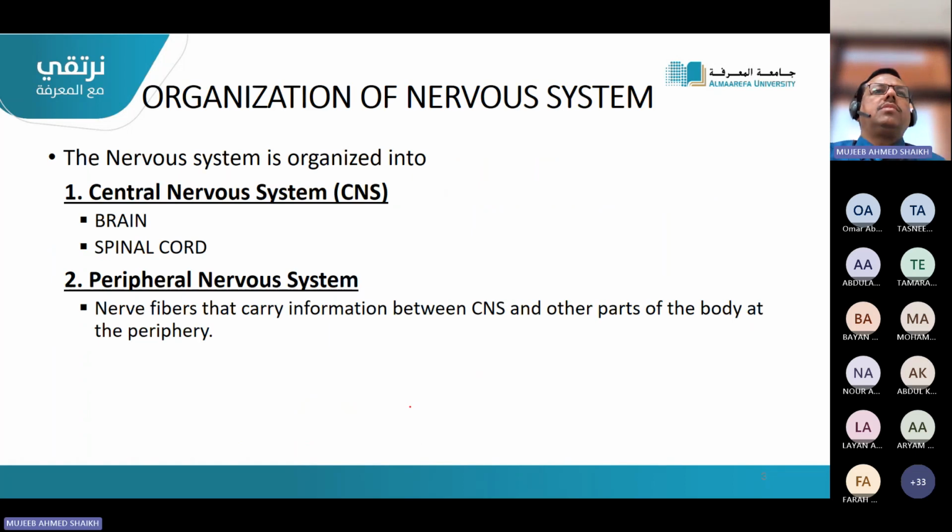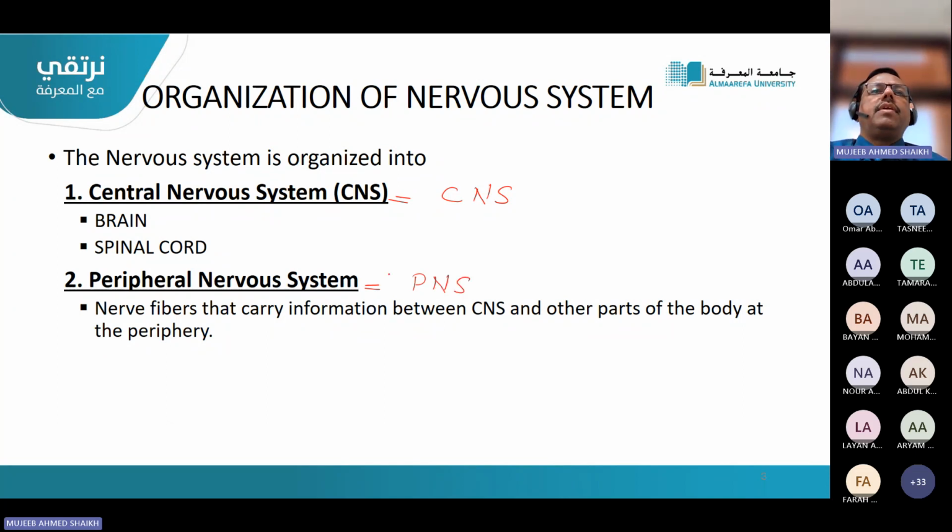Let us move to the actual lecture now. The nervous system can be organized broadly into something called central and another one called peripheral. So CNS is the short form of central nervous system, whereas PNS is the short form of peripheral nervous system.